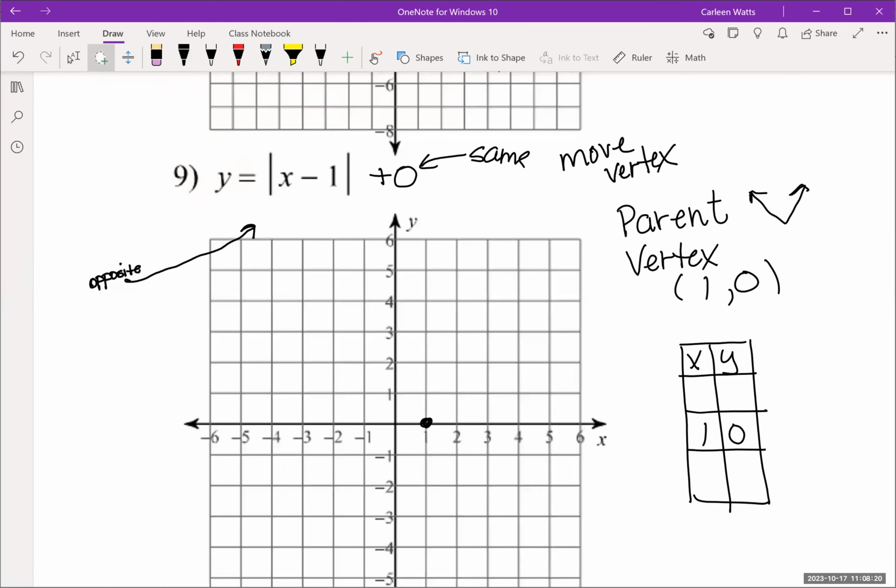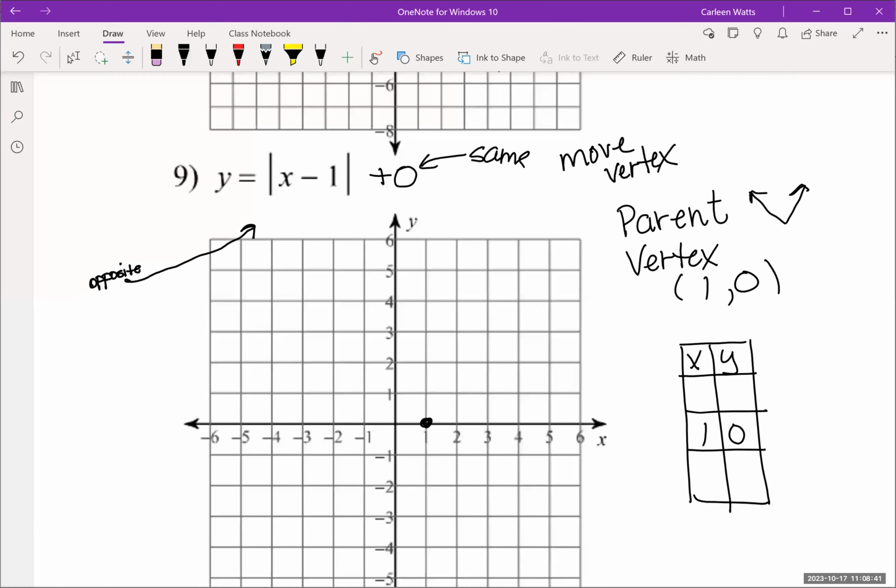Let's check it. If I plug 1 in for x, I get absolute value of 1 minus 1. Can we see that that's equal to 0? So it worked.